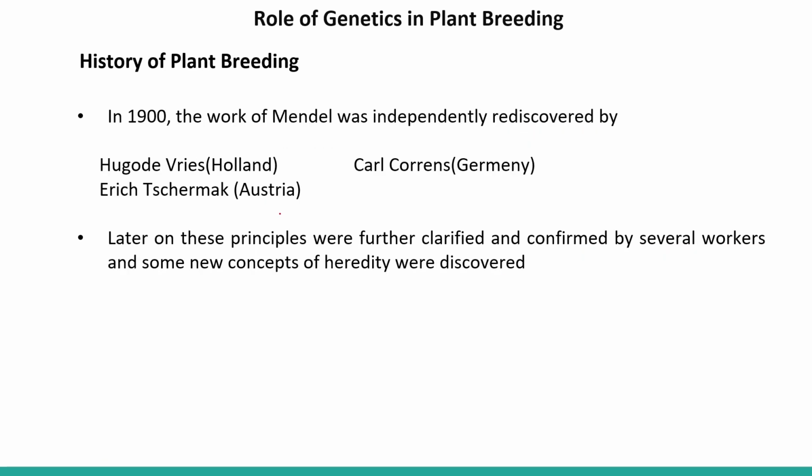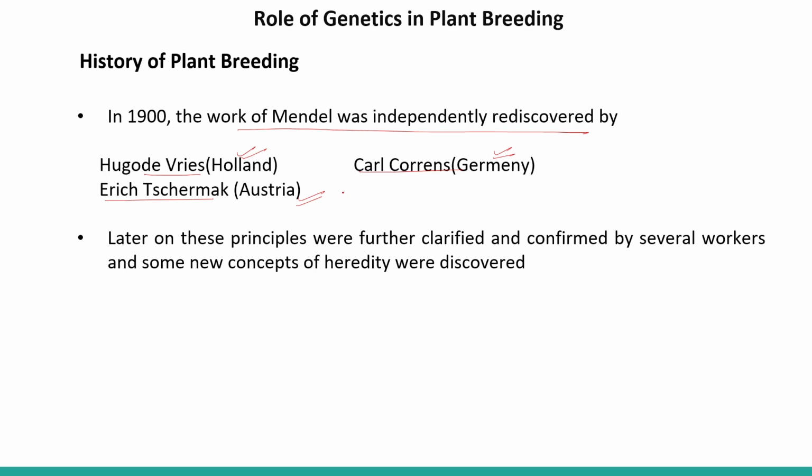Later, in 1900, the work of Mendel was independently rediscovered by three scientists: Hugo de Vries from Holland, Karl Correns from Germany, and Erich von Tschermak from Austria.